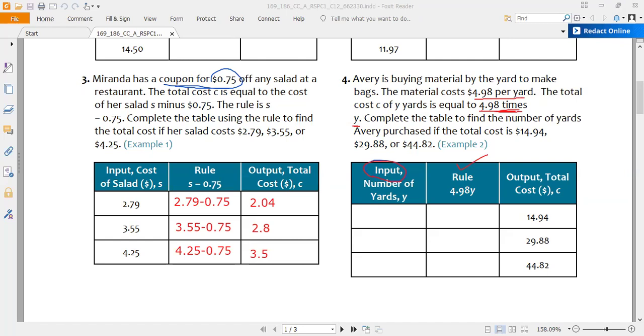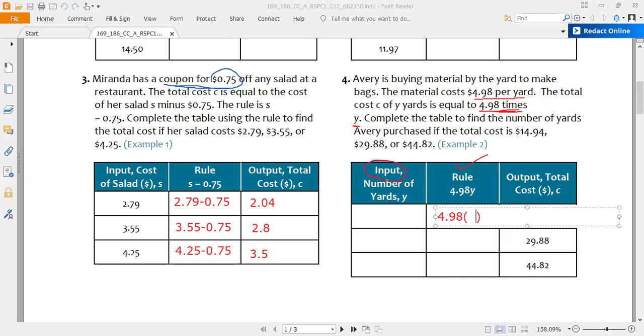So one thing is very clear here. If I write here 4.98 multiply, I am writing inside the brackets to make sure what number I should multiply that will give me this 14.94. So first let us try that.